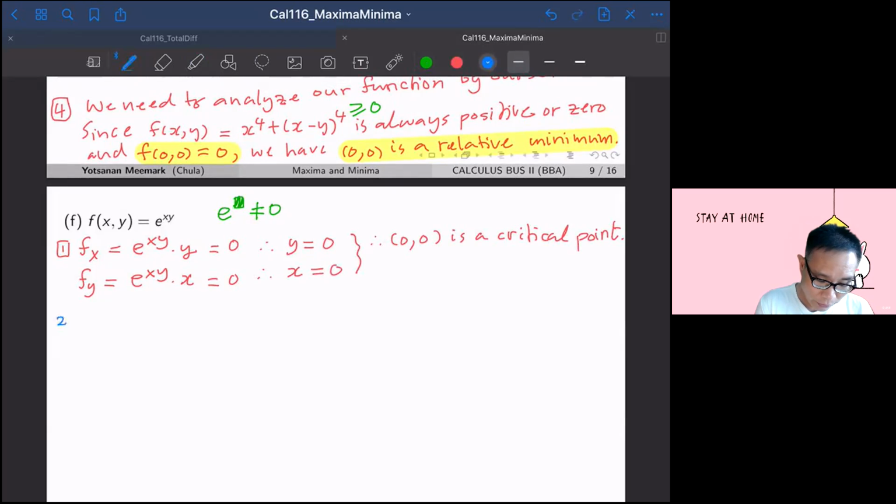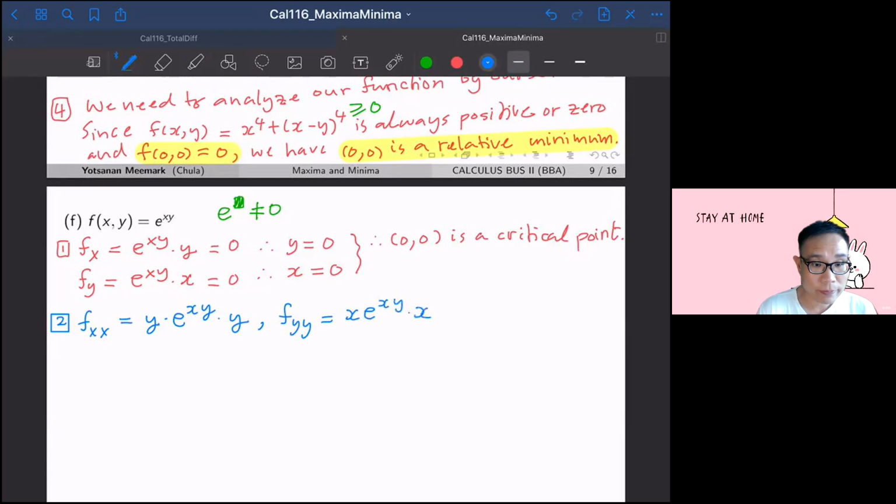The second step is to compute the second derivatives. This one is a little bit tough. So you have fxx, which is y e to the xy times y. And fyy is x e to the xy times x.